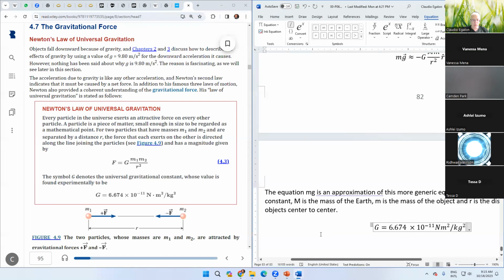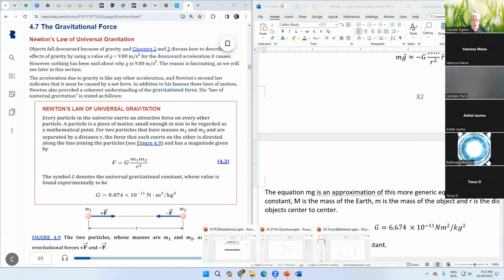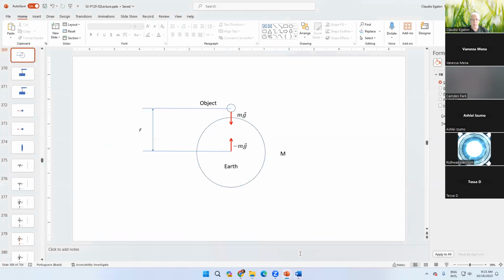Big G is the universal gravitational constant. And it doesn't matter what the distance between the two objects is. Okay, whether it's close or further away.